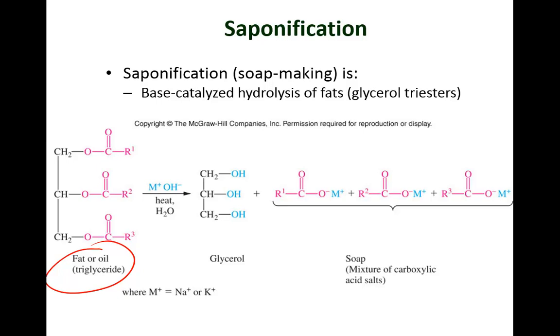If you've ever seen them make soap at some of these Pioneer Days or Harvest Festival in Kentucky, they take animal fat, can be either beef or pig, and they add sodium hydroxide, and they heat that up in a big cast iron kettle. That's what this is right here. So you've got sodium hydroxide, and you've got heat, and you got some water here.